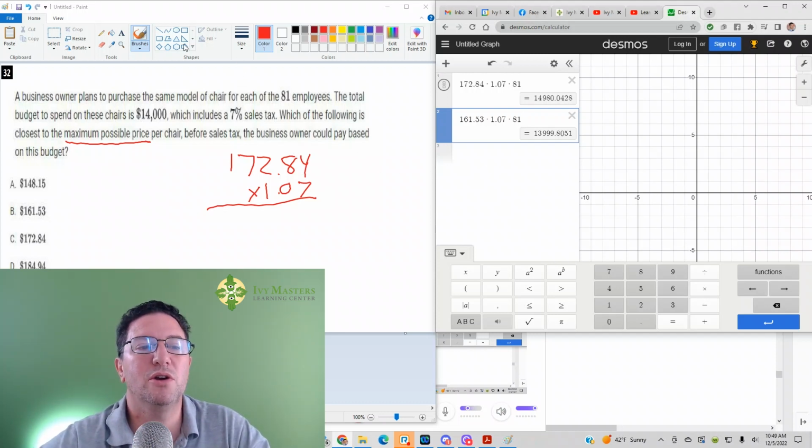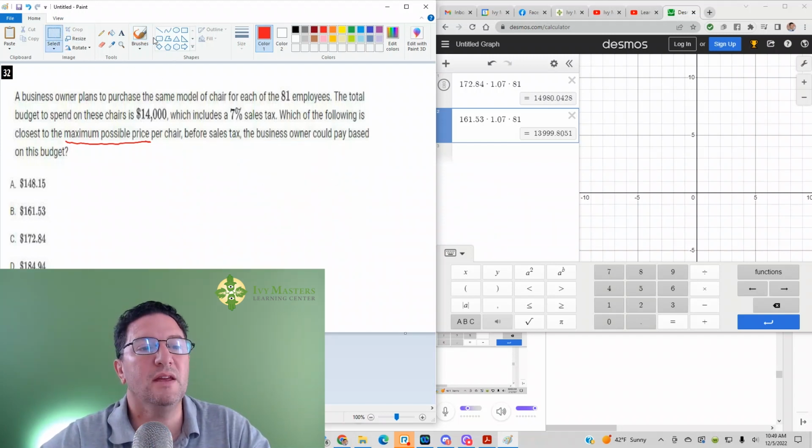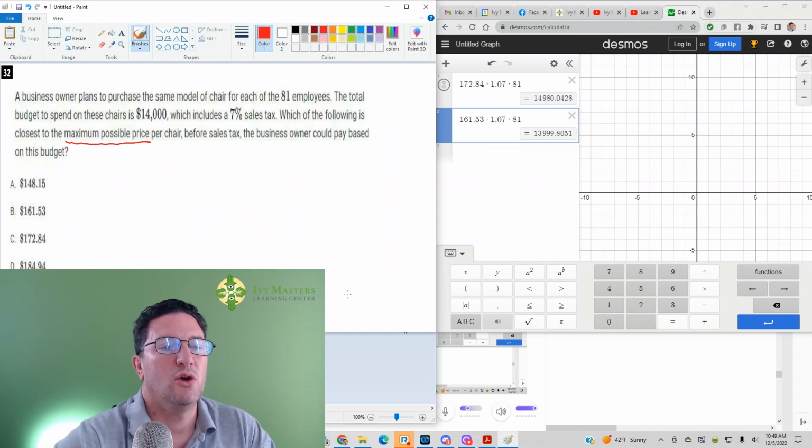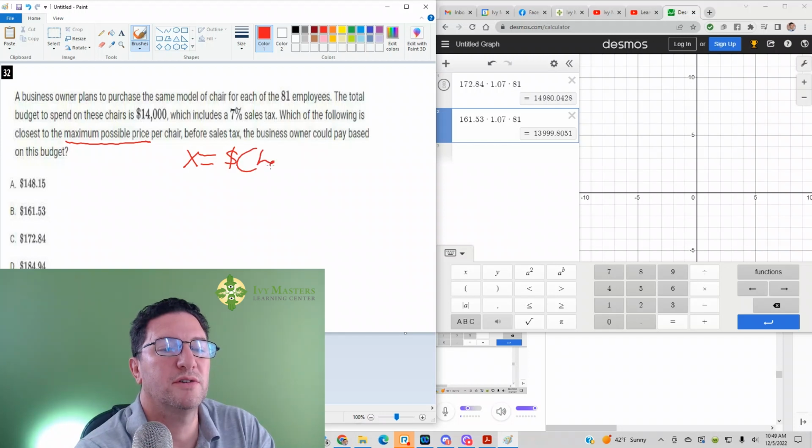Now, you could solve this a little bit more straightforward without actually using your answer choices. And I'm going to show you how. We could set up an equation. So what we've got here is, let's say X equals the cost of the chairs with no tax.